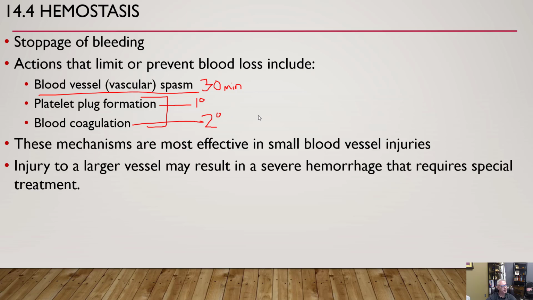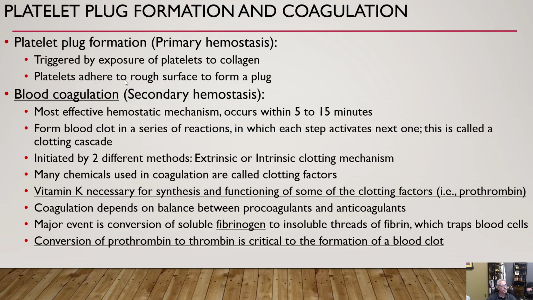With the platelet plug, primary, we're going to have platelets come in, release serotonin to promote vasoconstriction, and once the platelets are exposed to collagen, platelets are going to become really sticky and form this platelet plug. And that's all primary hemostasis is.